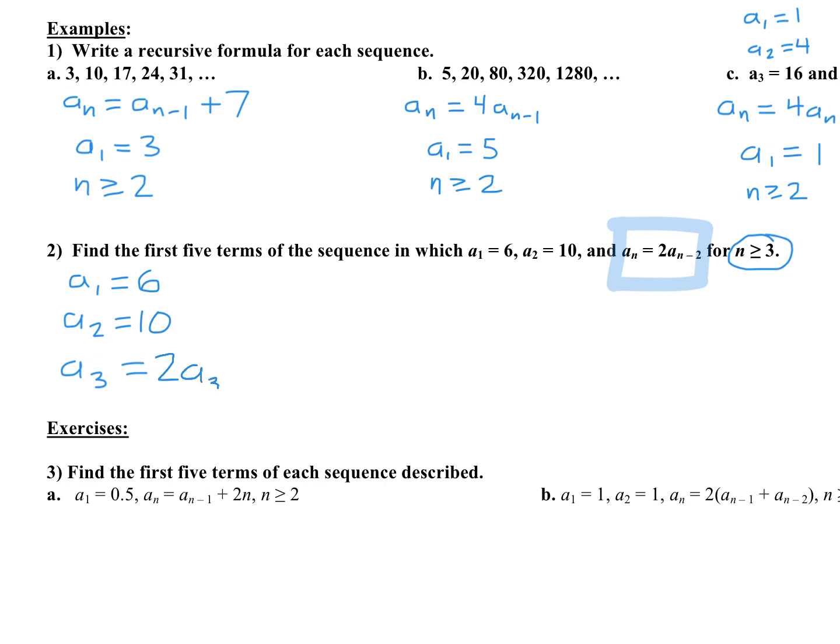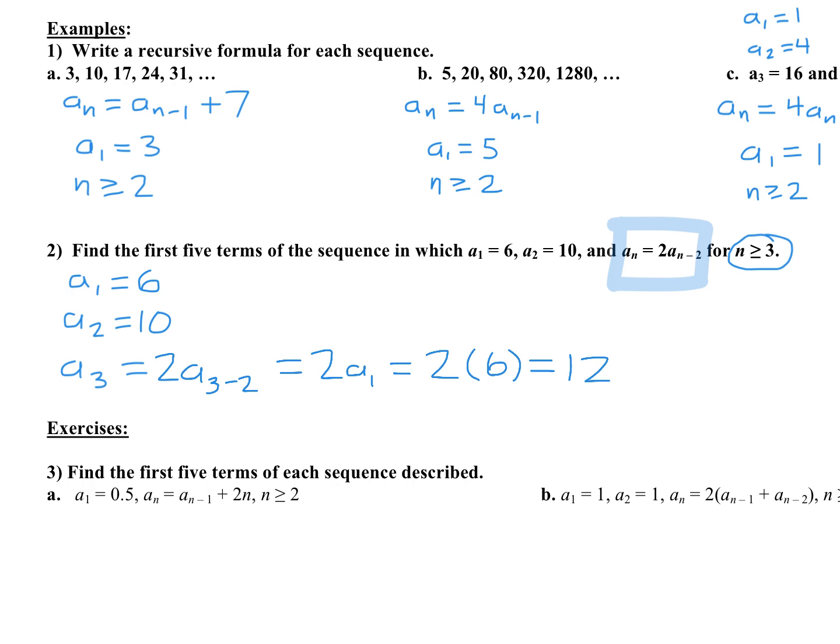And at the moment, n is 3. So we do 2 times a sub 3 minus 2, which means 2 times A1. We were given that A1 is 6, so A3 is 12.